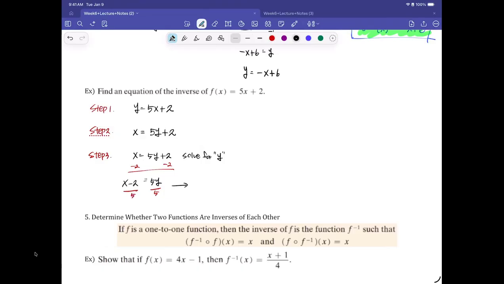You don't have to split it up. x minus 2 over 5 equal to y. Or you can do 1 over 5 x minus 2 over 5 equal to y. Either one is fine. It doesn't matter.